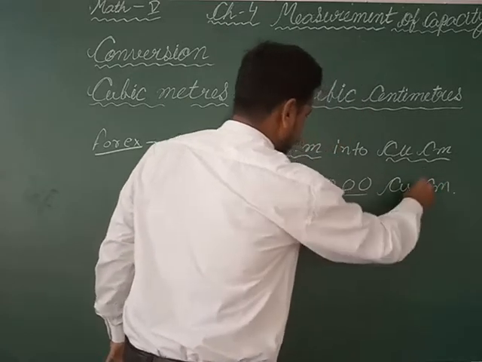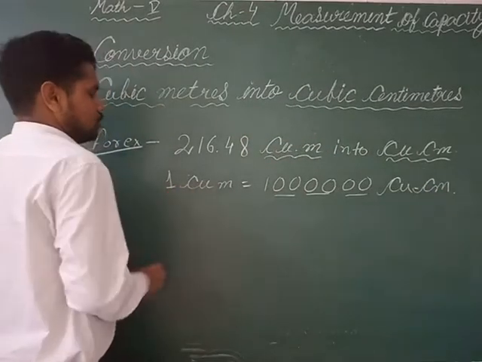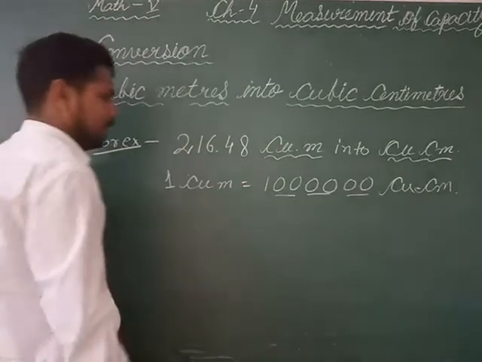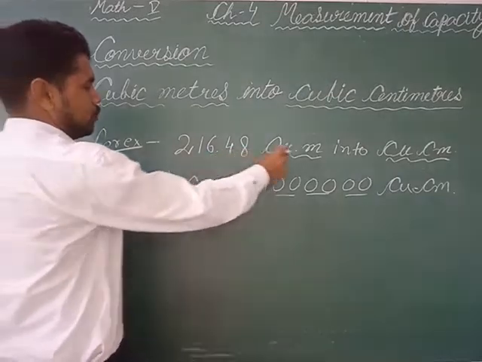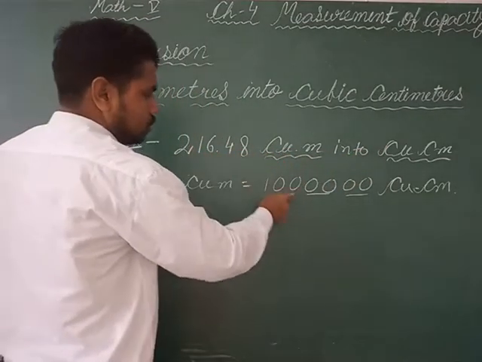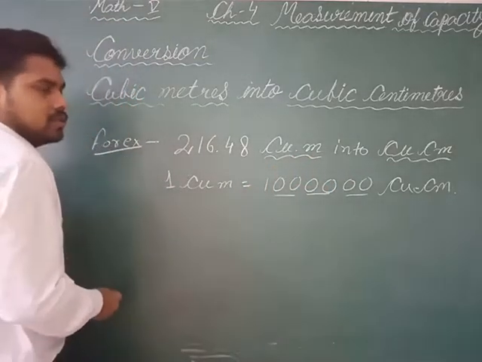So if 1 cubic meter is equal to this much of cubic centimeter, then definitely this much of cubic meter is equal to this much into this much of cubic centimeter, right?